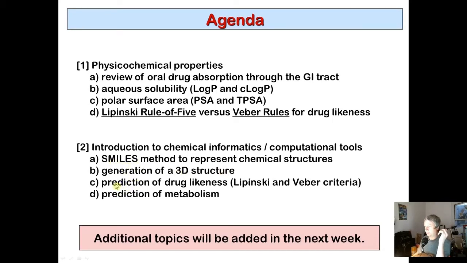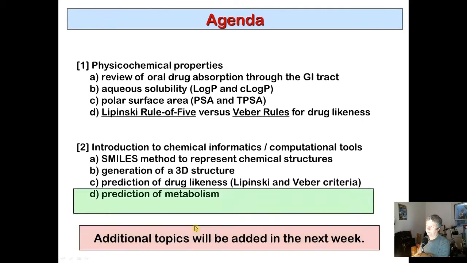Also, we'll talk about the prediction of drug likeness, and this will be using or determining some of these parameters from above. We're also going to talk about prediction of metabolism. That's really cool. We can predict what sort of metabolic pathways will happen for a drug without even doing a metabolism study. I'm going to add more stuff later, but right now this is a good start.